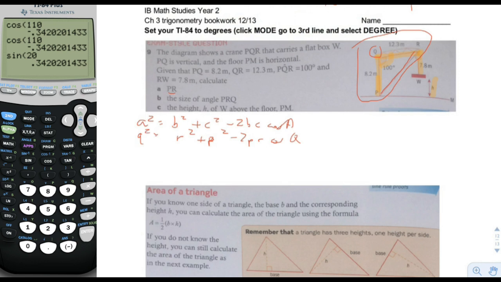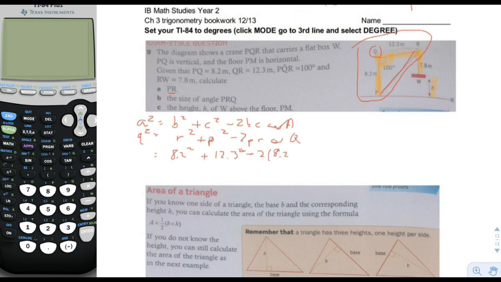And so Q squared equals, and then R squared would be 8.2 squared, and P squared would be 12.3 squared, and then 2PR would be 2 times 8.2 times 12.3.